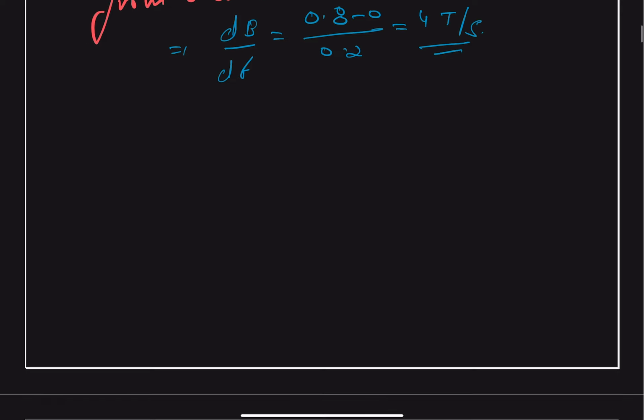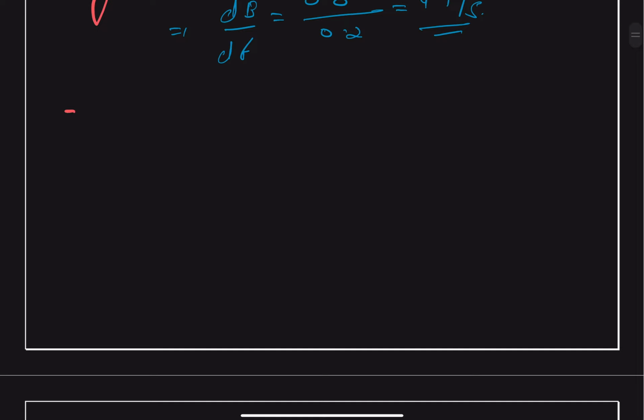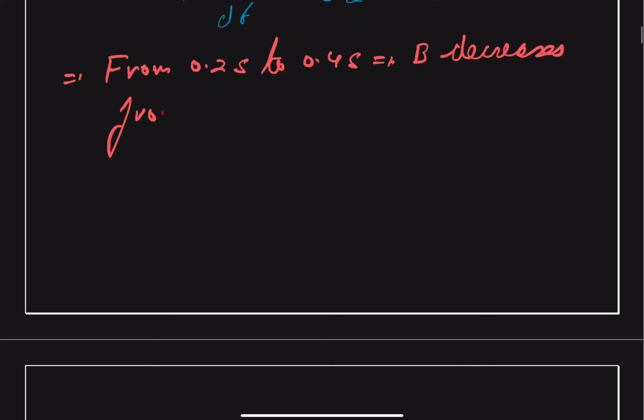And in the second case, from 0.2 seconds to 0.4 seconds, magnetic field decreases from 0.8 Tesla to 0.